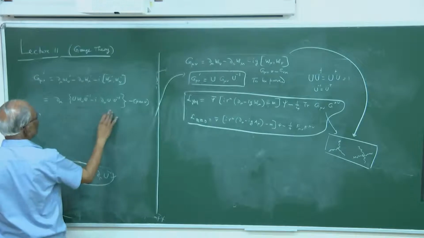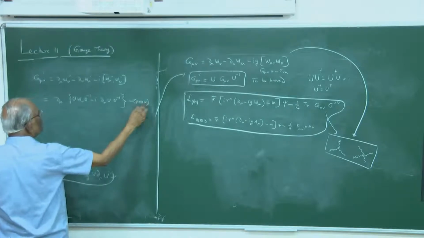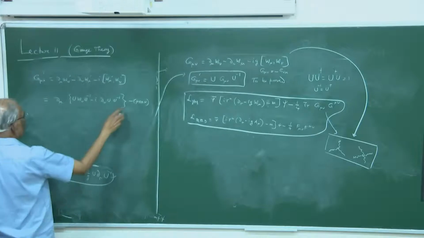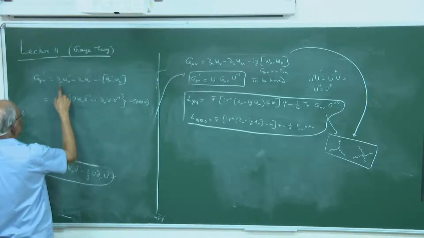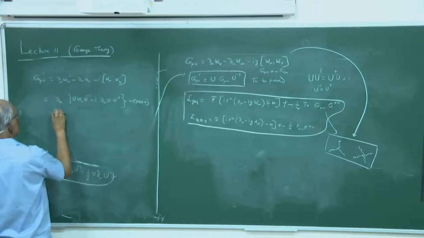So I will write this and then simply write like this instead of repeating all those. Mu goes to nu, nu goes to mu, the interchange term, but with a minus sign. So I have done this. Now I have to write this, the quadratic term.